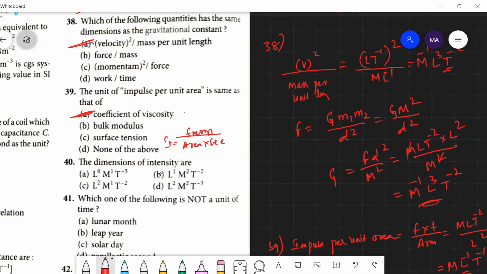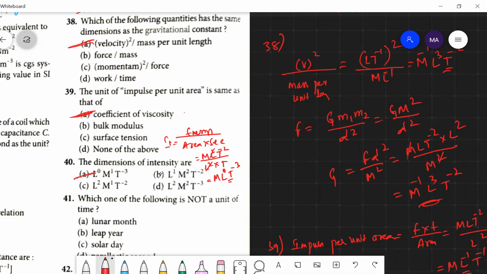So I hope you can write the dimensions for that one. Energy dimension is M L square T power minus 2, divided by area, which is L square, and time, which is T. L square will get cancelled. So that will be M, and this one is L0 T power minus 3. So it is the first option. So for 40, I can directly write the answer.